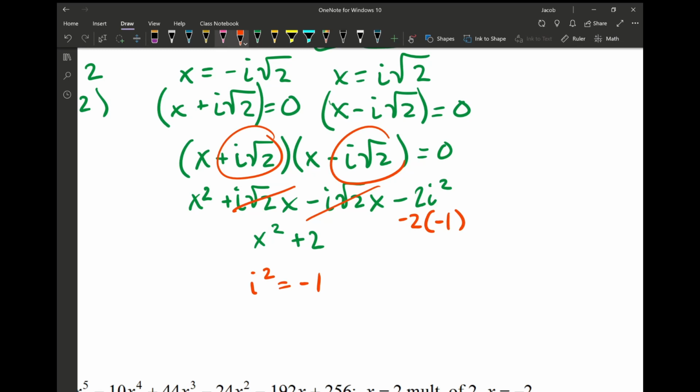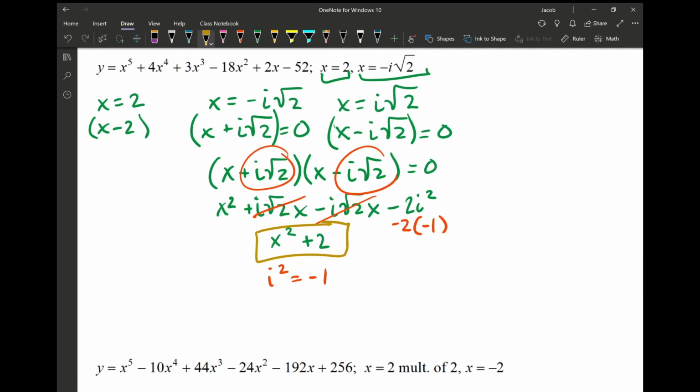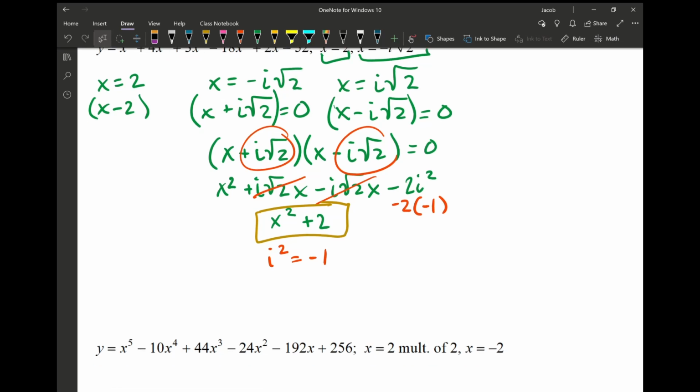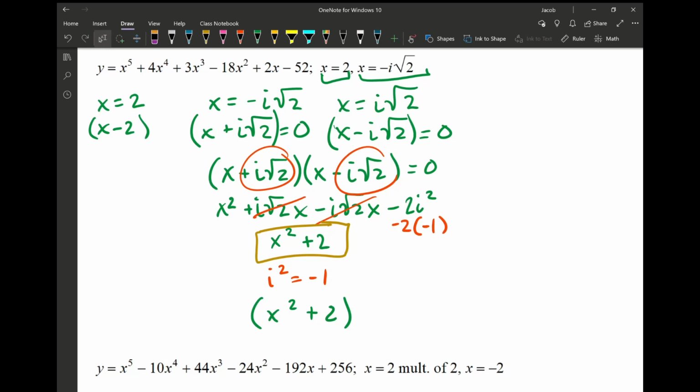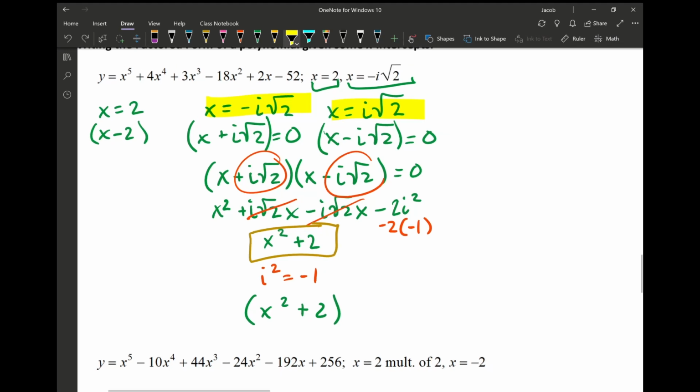So this ends up being the factor for negative i radical 2. And again, I'll write that like a factor, but we could solve for x and then see both of these zeros that we started with. Once we see this pattern, we know that the result to that factor is imaginary. So we ought to see the imaginary zeros and see the same factored result as well. That's going to take some getting used to, but we'll have some more examples in practice.